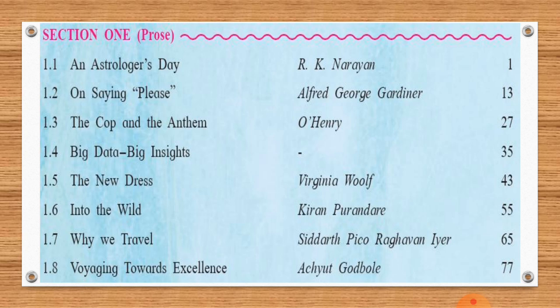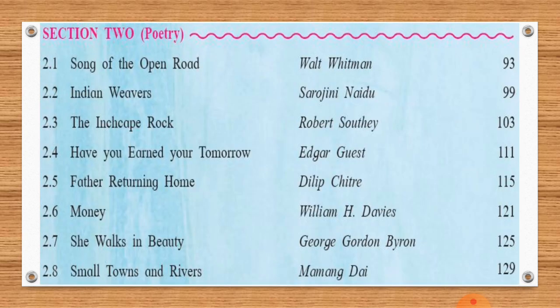So in this way students, we have to focus on 8 different lessons in section 1 of the English text. Now let's see which poems we have to study in section 2, and this section is called the poetry section.